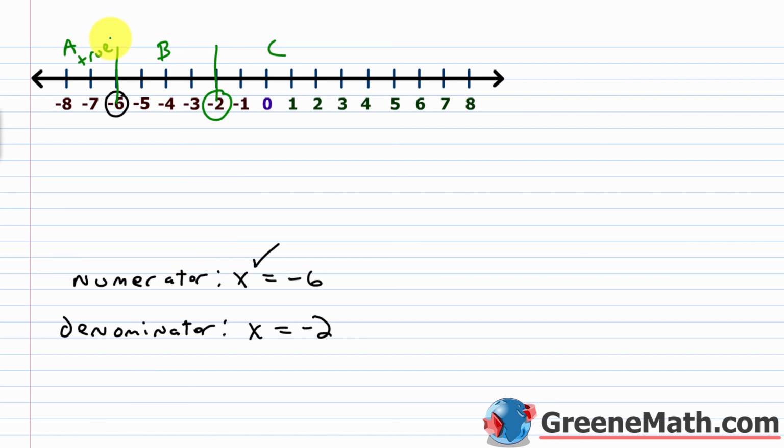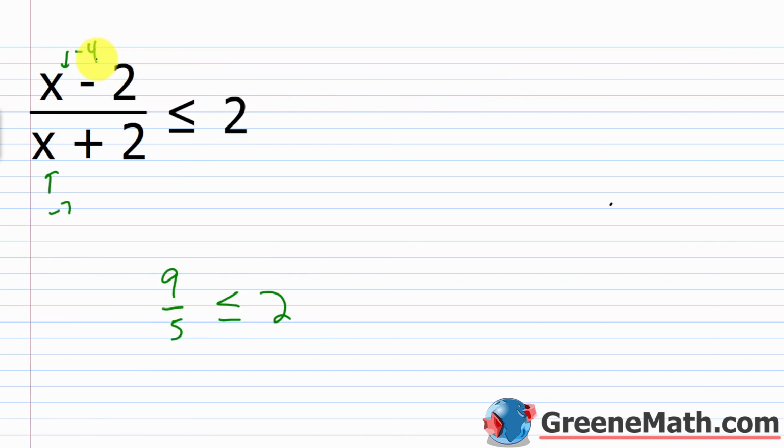What about region B? We could choose something like -4. So for -4, if I had -4 minus 2, I get -6. If I had -4 plus 2, I get -2. -6 divided by -2 is +3. So you'd have 3 is less than or equal to 2. That's false. 3 is not equal to 2, and 3 is not less than 2.